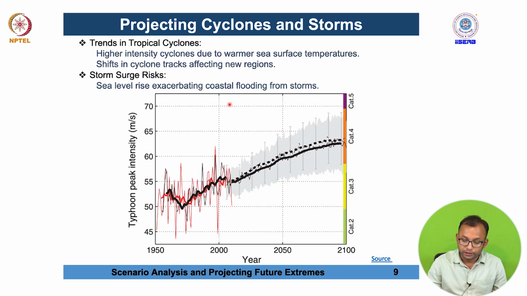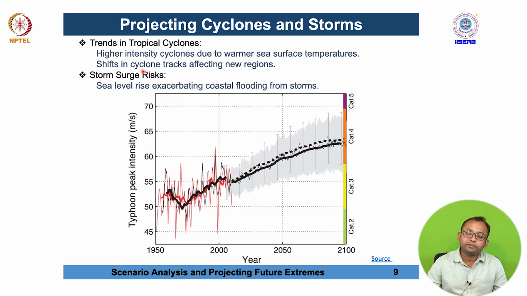Then there is another case study of projecting cyclones and storms, which tells us the typhoon peak intensity is likely to increase in future time steps. Presently we are hovering around category 2 and category 3, but in the future, let us say beyond 2050, it will be in category 4, which means typhoon intensity is likely to increase due to warmer sea surface temperature.